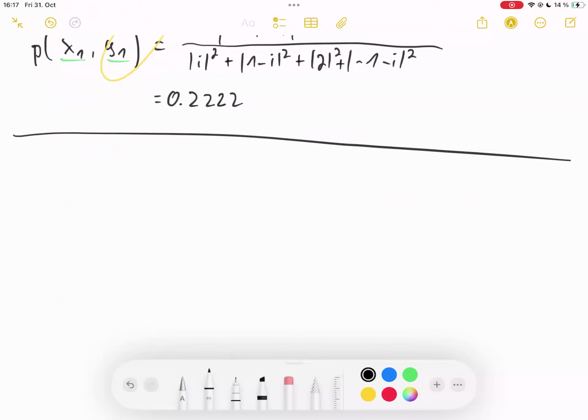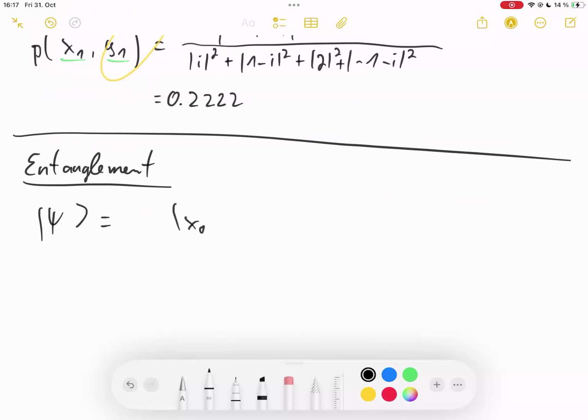So, entanglement. We can think now about one state, psi cat, and it actually only has two components.